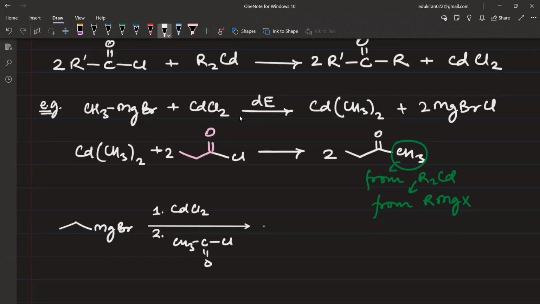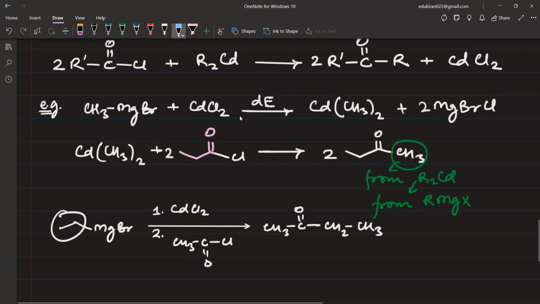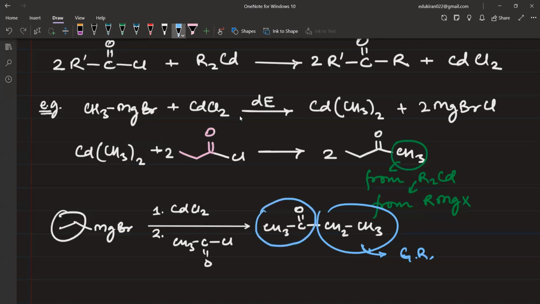Here you are going to get a ketone. The ketone will have this part CH3 C double bond O. The rest of the part is going to come from this Grignard reagent, CH3CH2CH2 and CH3. Please remember, this is from the Grignard reagent, and this part is from the acyl chloride.